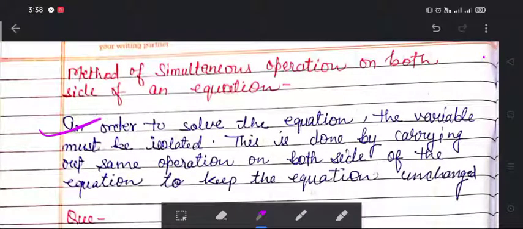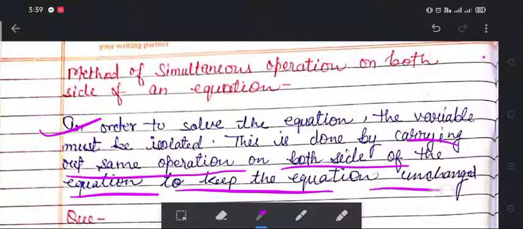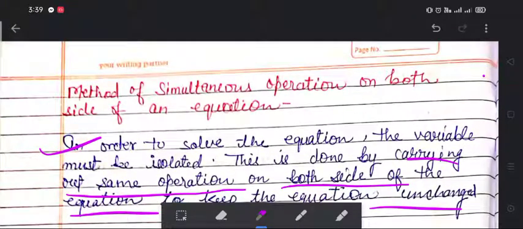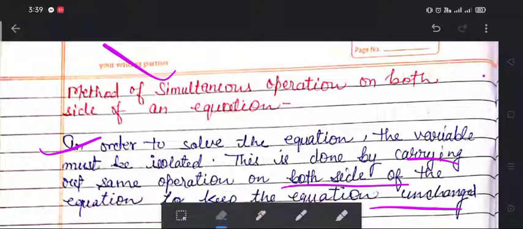In order to solve the equation, the variable must be isolated. This is done by carrying out some operation on both sides of the equation to keep the equation unchanged. So this is the simultaneous operation method.